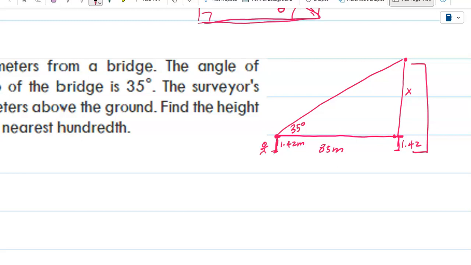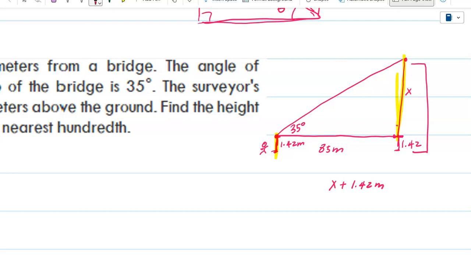So that's his instrument right there. So whatever we get for x, the height right here, we know that we need to add 1.42 meters in the end.